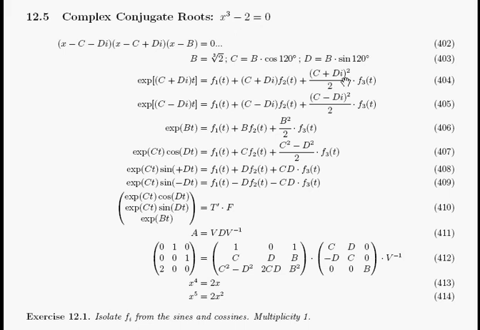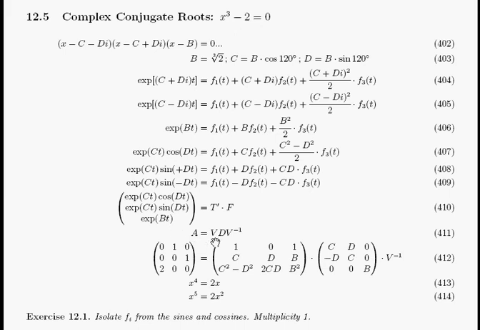C plus di squared leads to c2 minus d2 above and imaginary 2cd over 2 below. This is valid for plus or minus dt. And we have another matrix T line times f is the exponential of ct cosine of dt, exponential sin, exponential.